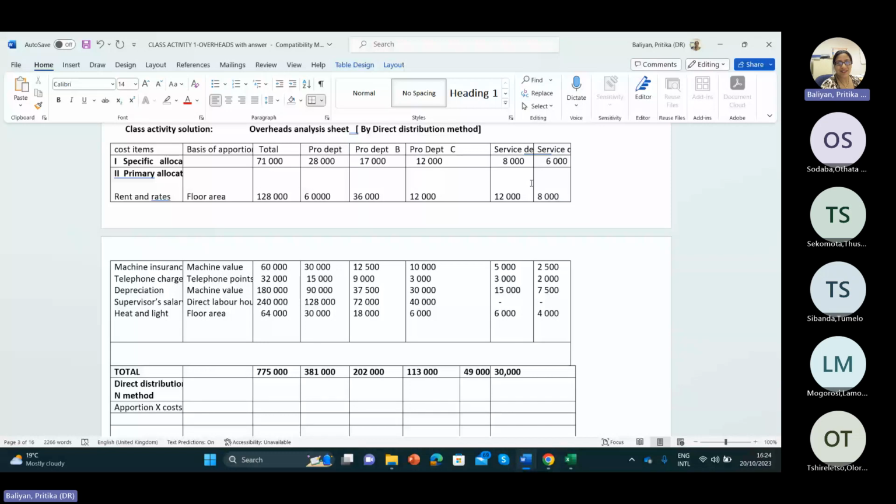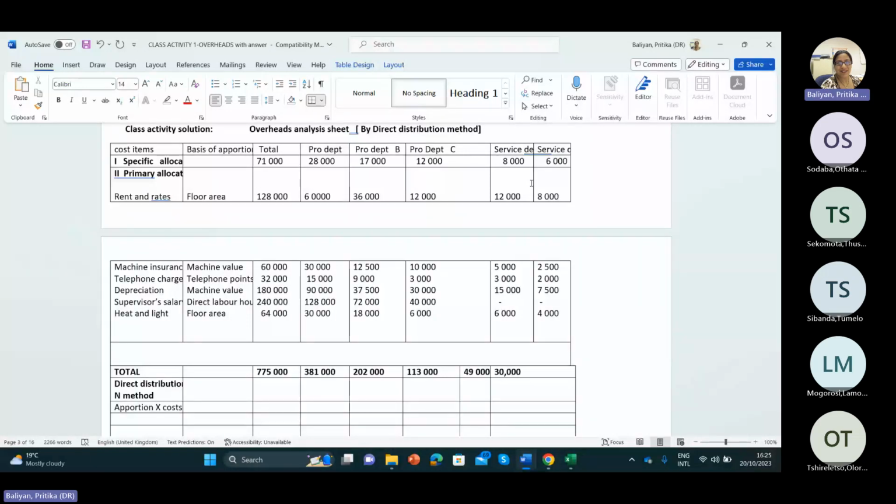So specific allocation, then primary allocation, where we apportion the cost as I taught in the last lesson for rent and rates, machine insurance, telephone charges, depreciation, supervisor salary, heating and lighting, based on their respective suitable basis like floor area, machine value, telephone point, machine value, direct labor hours.